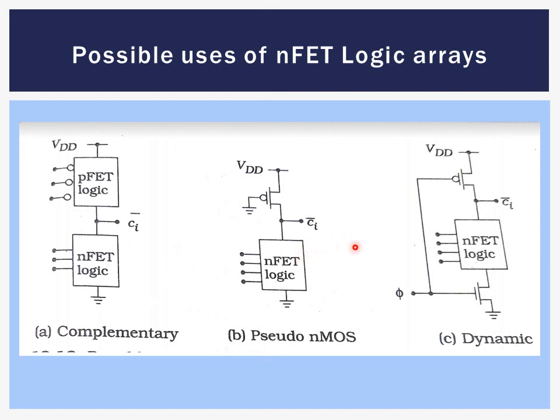And the third option is the dynamic logic, wherein we are putting the pre-charge and the evaluate cycle, that means one PMOS here and one NMOS at the bottom. This however introduces timing problems and gives outputs that are only valid for a short period of time. Therefore, the selection of the circuit family requires many factors to be taken into account.